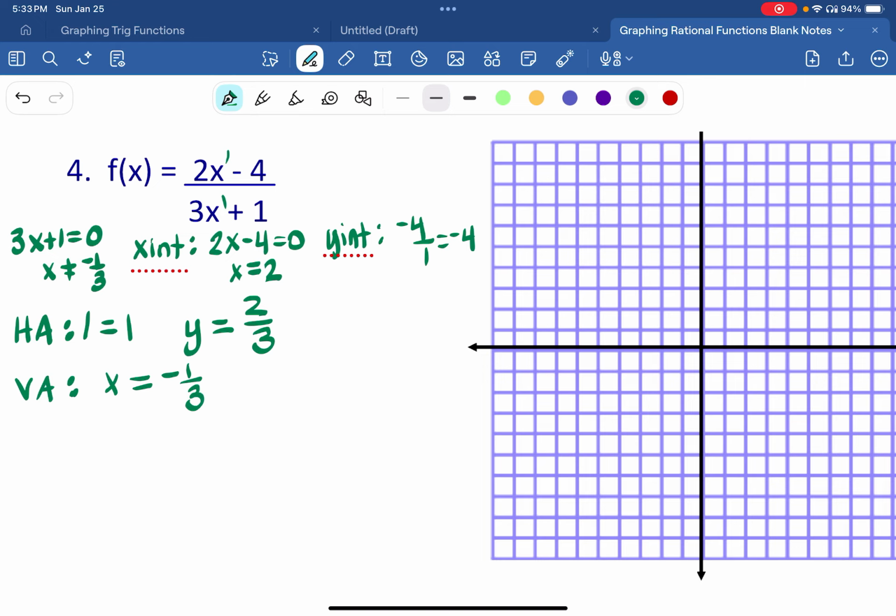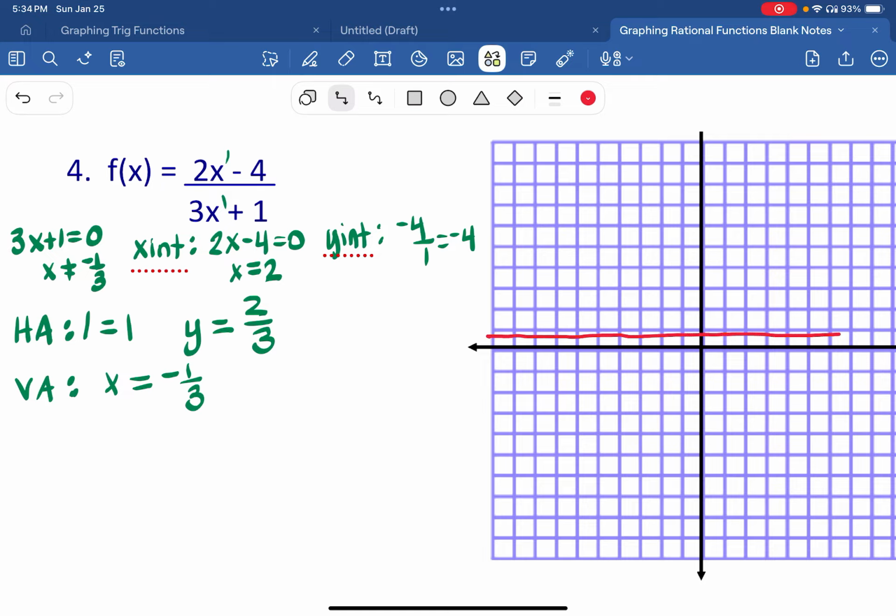Okay. So we're going to come over to our graph. I'm going to go ahead and graph those, and then we'll go back and plot points and things like that. So horizontal asymptote this time is now at 2/3. So we'll just kind of estimate that. 2/3 is kind of not quite 1, but pretty close to it. It's going to be along here. Okay.